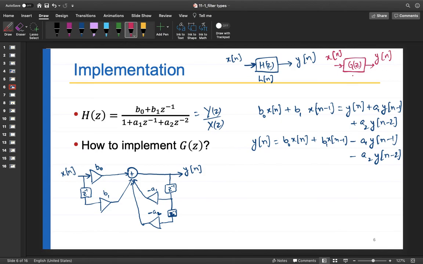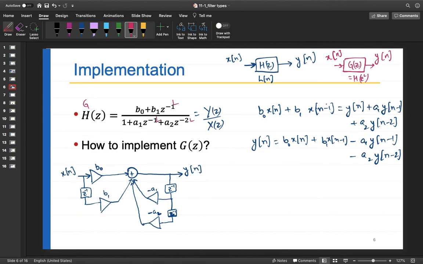G z is simply equal to h of z to the power L, or my g of n is equal to h of n upon L. If I go with the formula, my g z is h z to the power L, which means here I get z to the power minus L, z to the power minus 2L, right? This is my g z. So if I have to get g z, then I have to just replace them with L.